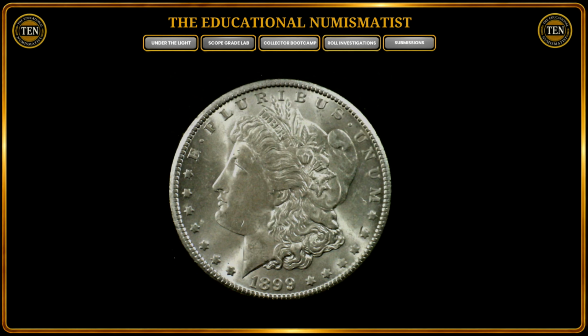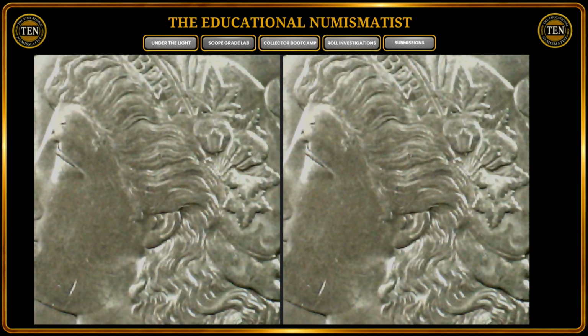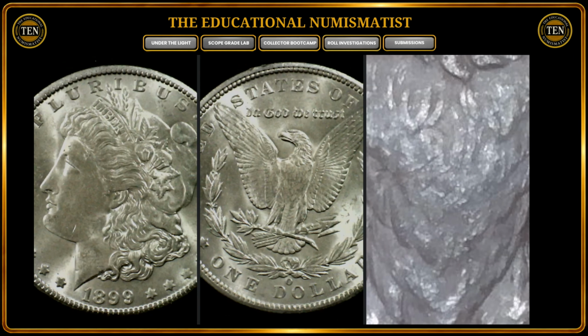Independent opinions help prevent one person's interpretation from becoming the final answer without review. When those opinions differ, the coin can receive additional examination before a grade is assigned. The holder may display one number, but that number is the result of a judgment process, not a mechanical measurement.